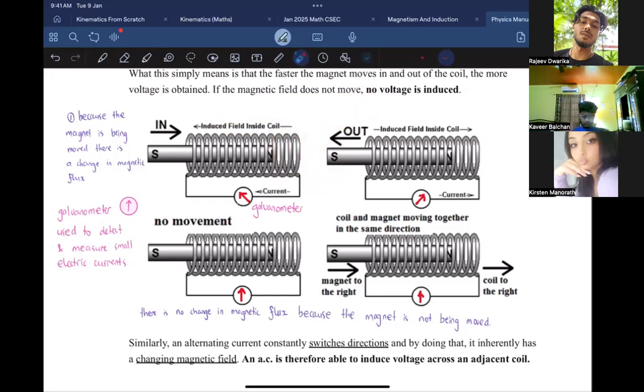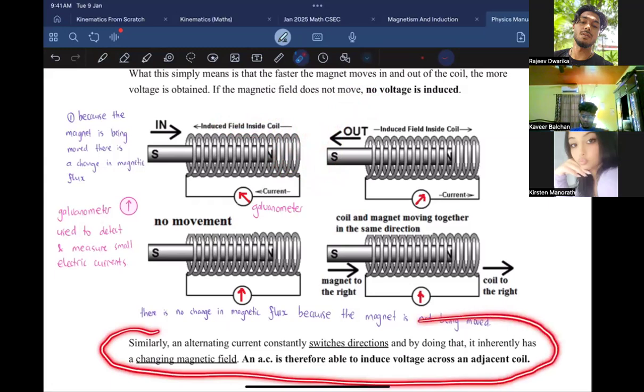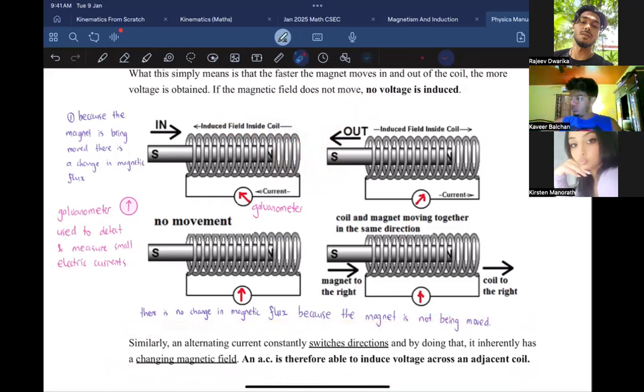Did you guys copy this down? Similarly, an alternating current constantly switches its direction. By doing that, it inherently changes the magnetic field.